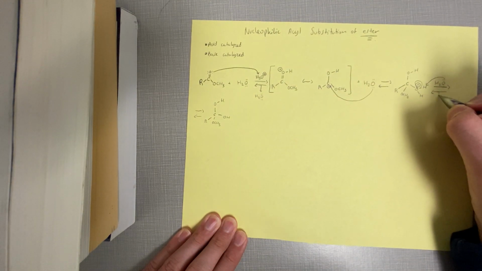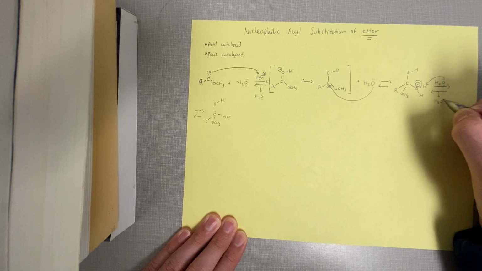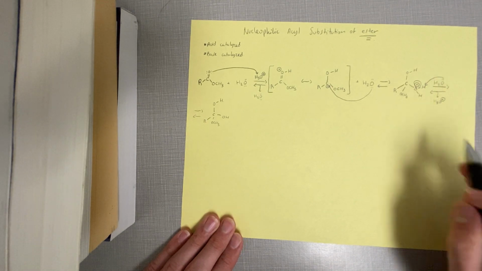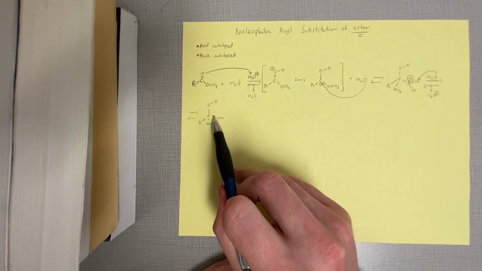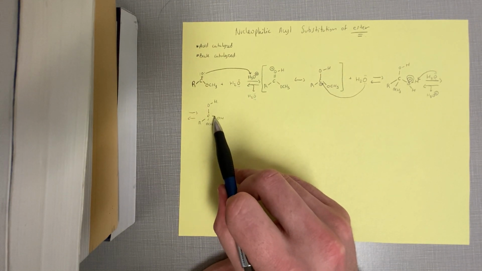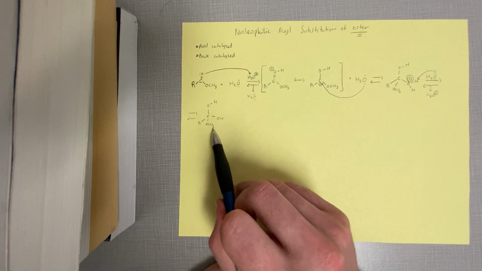And now we have H3O plus leave here. Now we have two possible leaving groups, OH and OCH3.